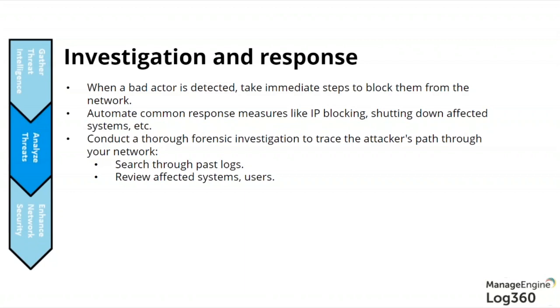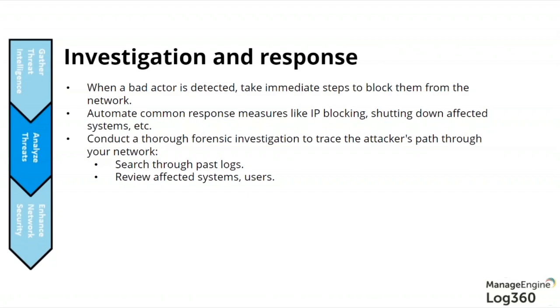So you need to immediately remove them from your network and see what other activity they have gotten up to on your network. And of course you can either do this manually, or you can automate common response measures that you would have to take, like blocking an IP or adding it to a blacklist, or you may want to just instantly shut down any affected system.